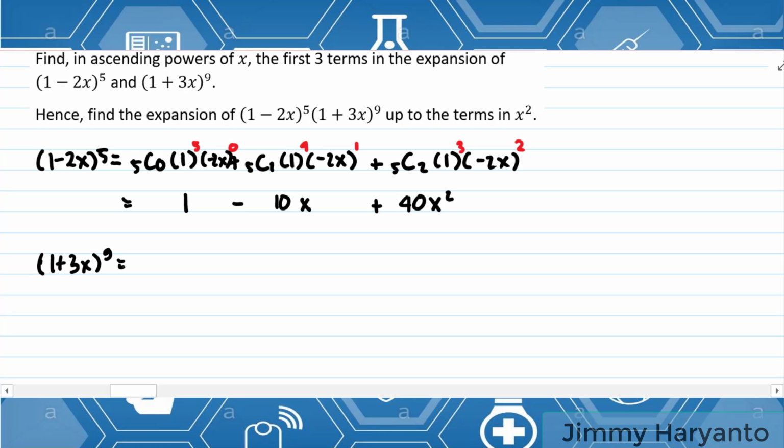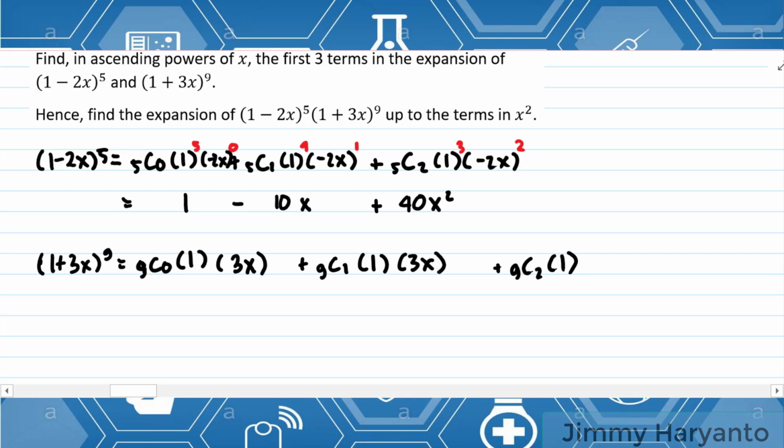It will be 9C0, 9C1, and then 9C2. Okay, 1, 3x, and 3x. This one to the power of 0, 1, 2.